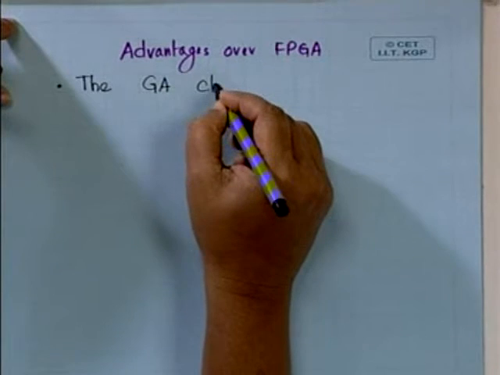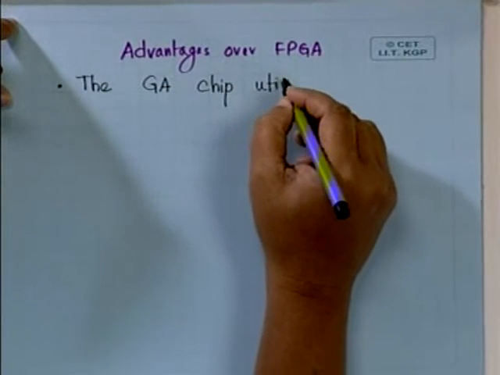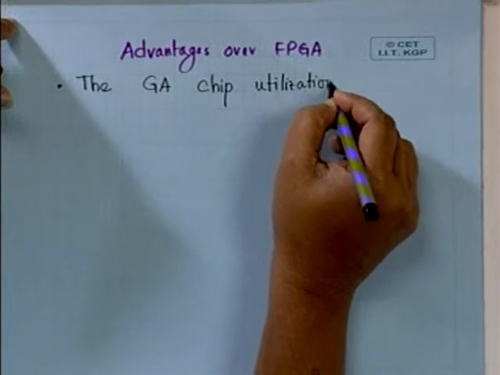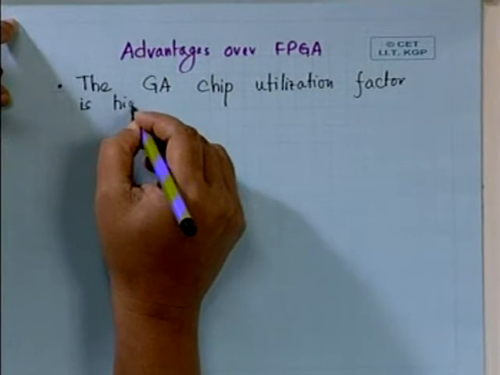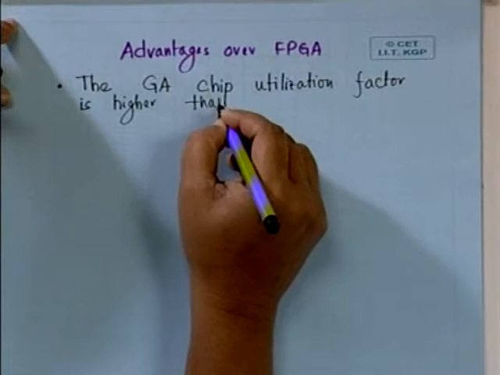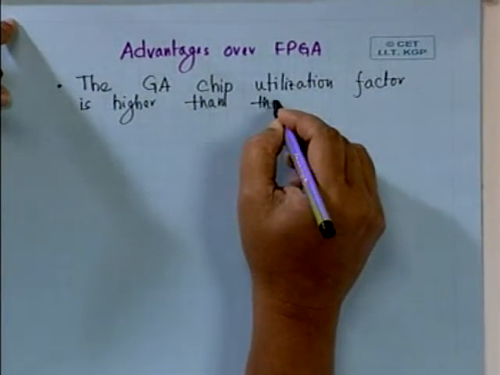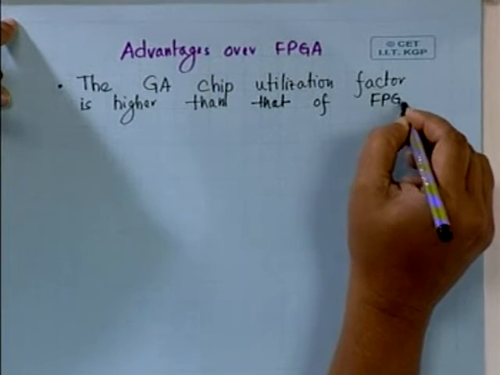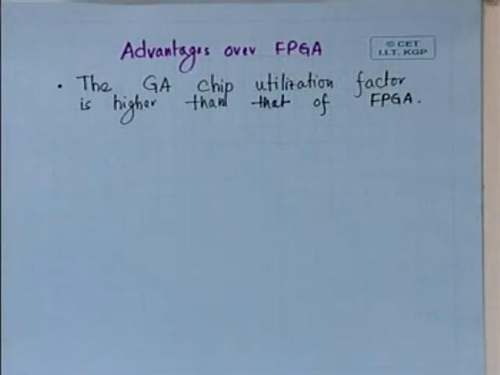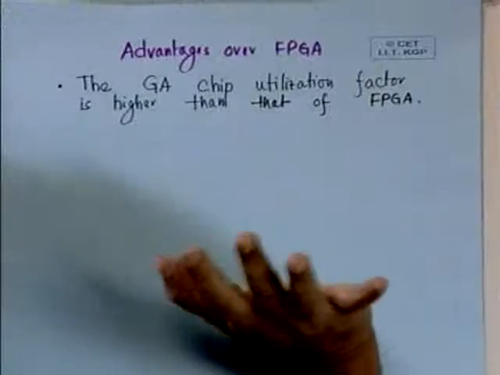The GA chip utilization factor. What does it mean? Remember that in FPGA only some CLBs are there and some switch boxes are also there at each junction for the programmable interconnections.